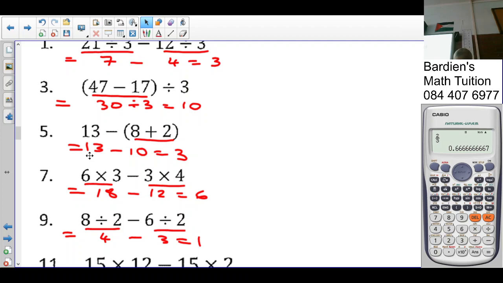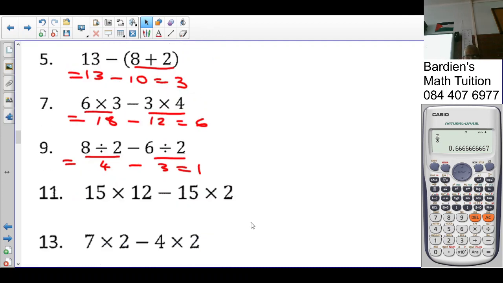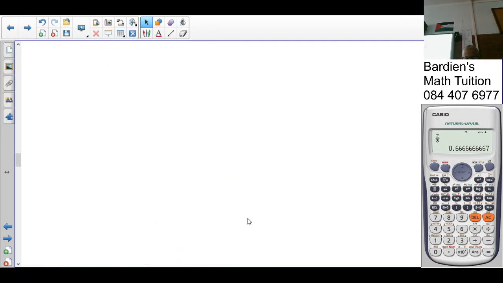Number 17. Any other problems with skill 6? No other problems with skill 6, no? So it's only number 17. So I'll do that quickly on the board.